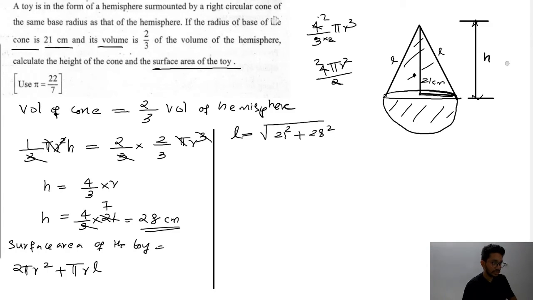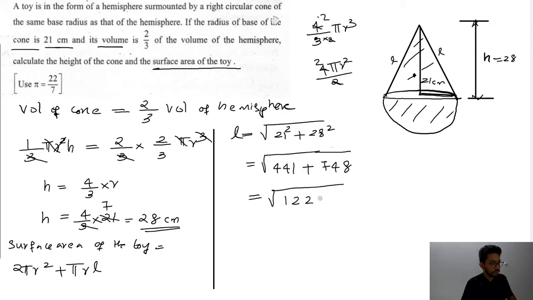H is equal to 28. So we will get 21 square, which is equal to 441, plus 28 square is equal to 784. By adding this, you will get root of 1225, which is 35.